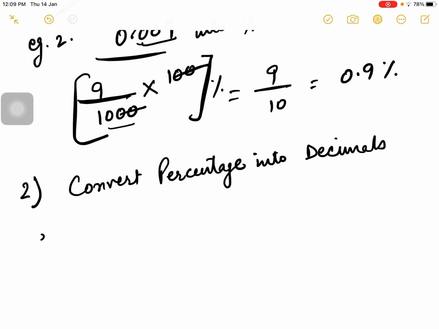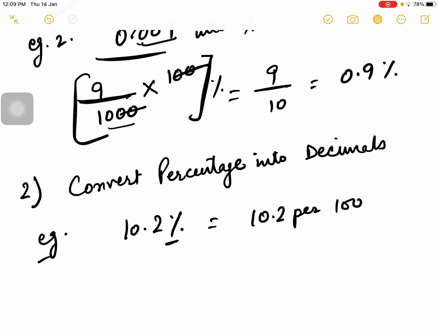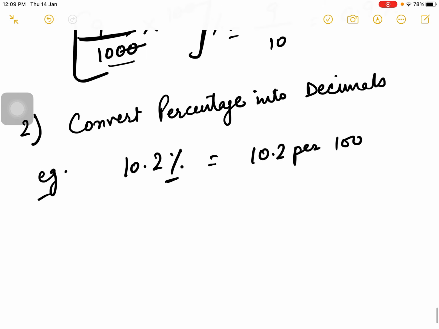Okay, so the example is 10.2%. We have to convert it into decimal. Percent means per 100. That means it is equal to 10.2 per 100, or in fraction it will be 10.2 upon 100.